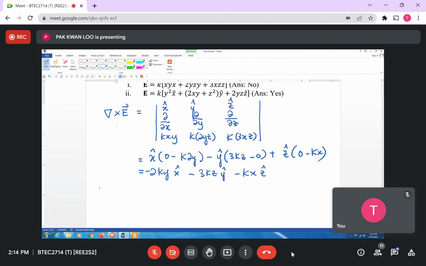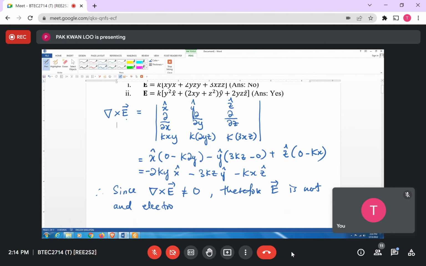Okay. Therefore, since the curl of E is not equal to 0, the electric field E is not an electrostatic field.